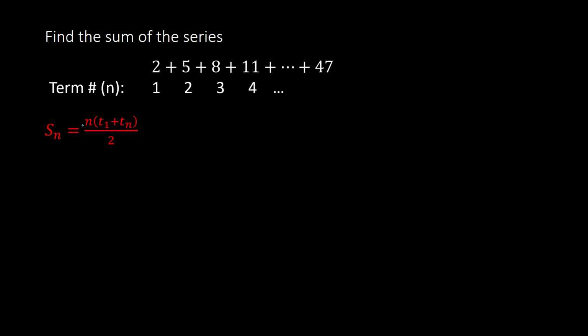So here's the formula, and we need to figure out what is n, what is your term number, how many terms do we have. Well, to find that we need to figure out the pattern vertically. So term 1, term 2, term 3, what is the pattern between these numbers, between 1 and 2, 2 and 5, 3 and 8, 4 and 11, etc. Well, this is kind of the same concept that we use for the summation notation, where notice horizontally, the pattern to get from 2 to 5 is you're adding 3.